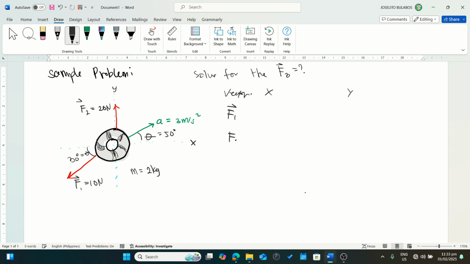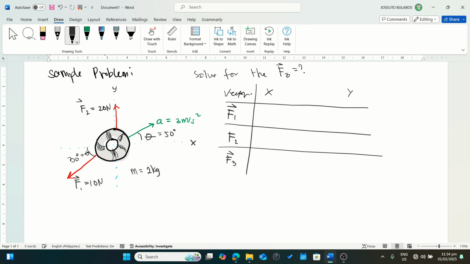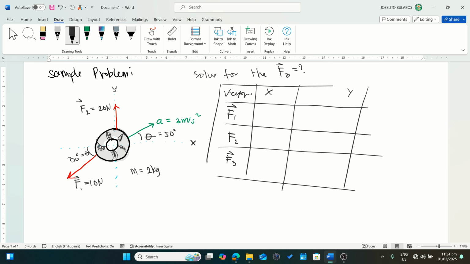And then F2, we could also put here our F3, and this is what we are looking for. So let's solve one at a time the values of these vectors so that we could solve the goal of this problem.